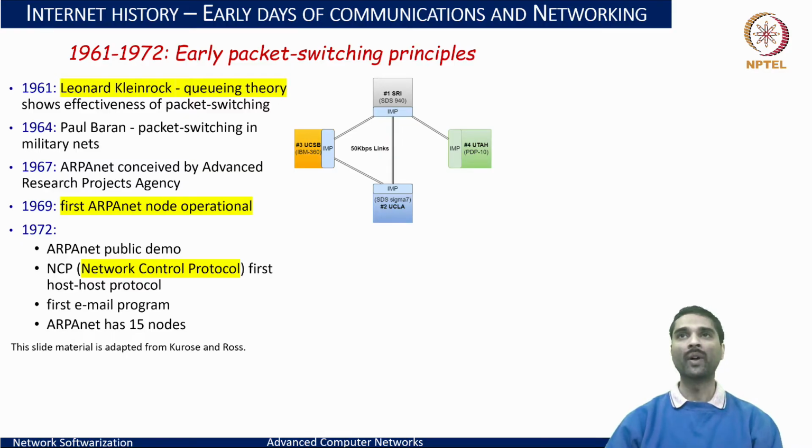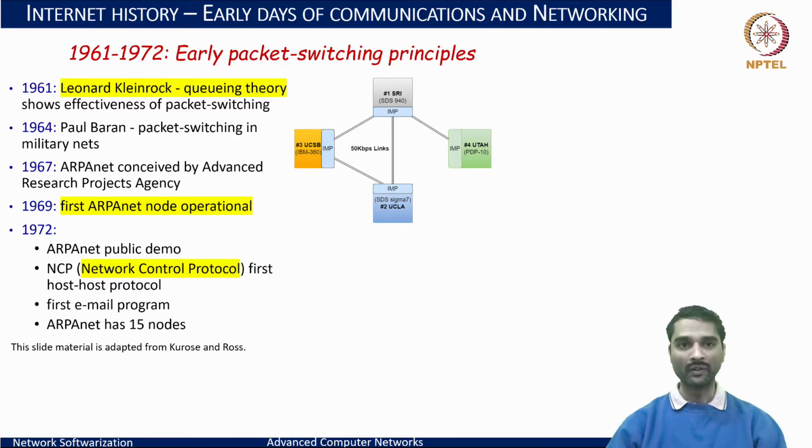And the US Defense Department, which was a pioneer in looking at these alternatives, eventually led to the formation of the ARPANET, or the Advanced Research Projects Agency Network. And the whole aim then was the sharing of information through the network.